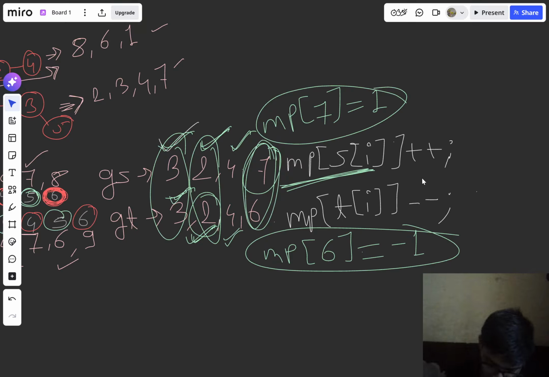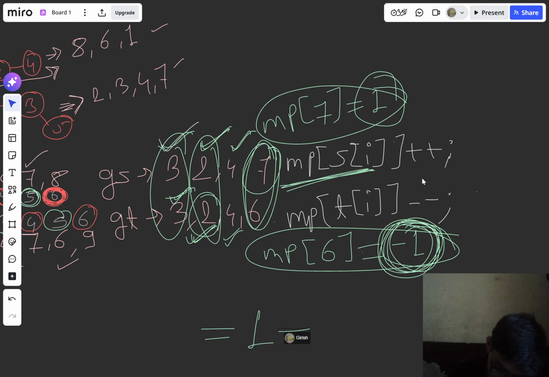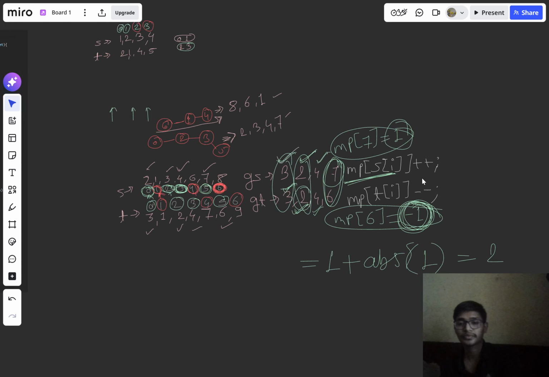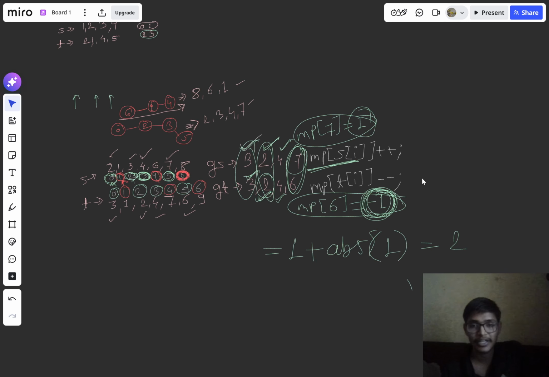So how will we find that? We take the absolute of each value in the map. This one and this one both are 1, and the absolute of each is 1. So this is converted into 2, and these are the unbalanced ones.